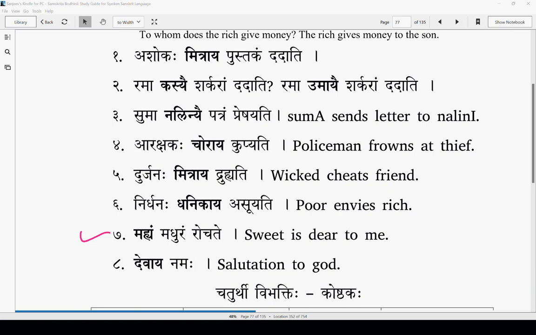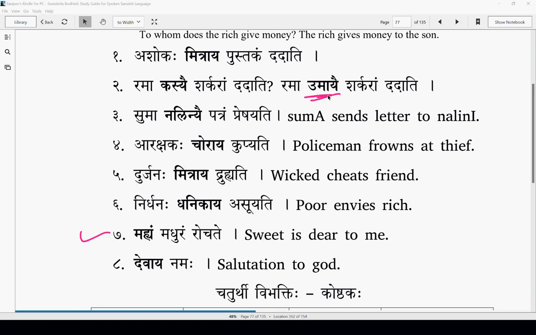We can use any other Chaturthi Vibhakti there, like Balakaya or Umayai Chaturthi. So we are looking at the Chaturthi Vibhakti here. So I want to say, boy likes sweet.